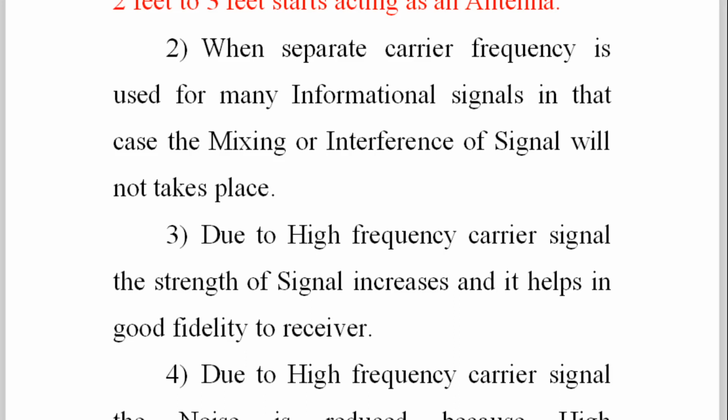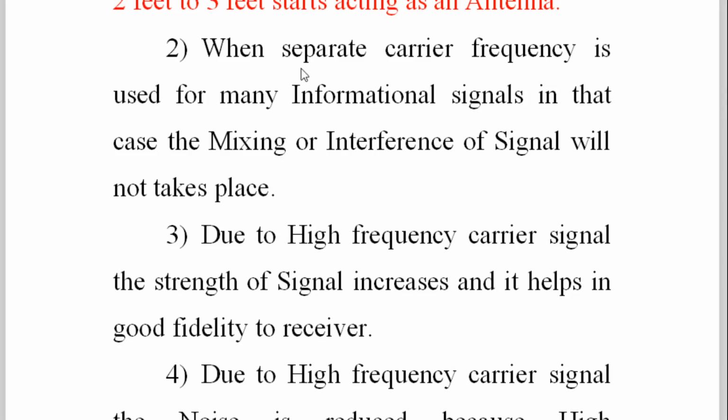Now if I transmit the voice information of those 4 people directly on one communication channel, the voices will get mixed. So what logic is used? We allot a separate carrier frequency for each voice frequency, and then we transmit it on the communication channel. In this way the voices will not get mixed, because the carrier is different.